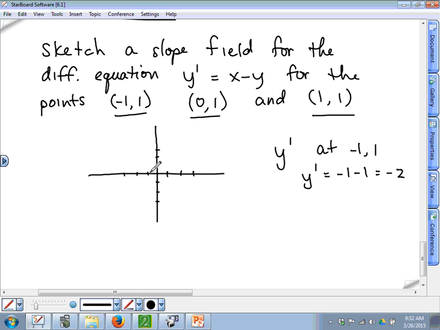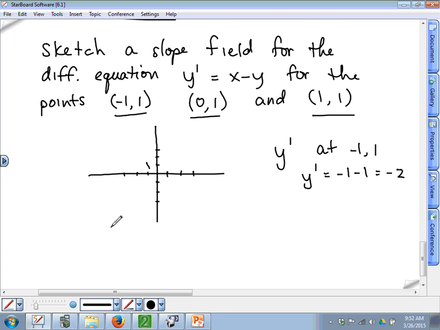So what you do, you guys, is you go over to negative 1, positive 1, and you just draw a little teeny line segment of your best estimate of a slope of negative 2. Is this a slope of negative 2? Why not? It's positive, right? So it'd have to be at negative 1 comma 1, just a little teeny line segment that's your best estimate of a slope of negative 2, something like that.